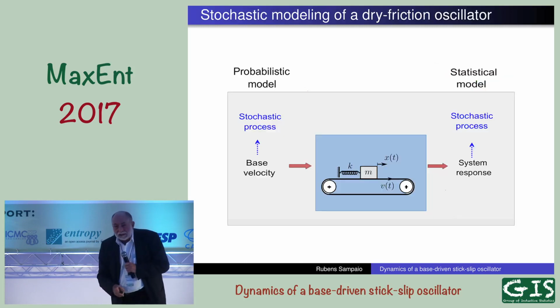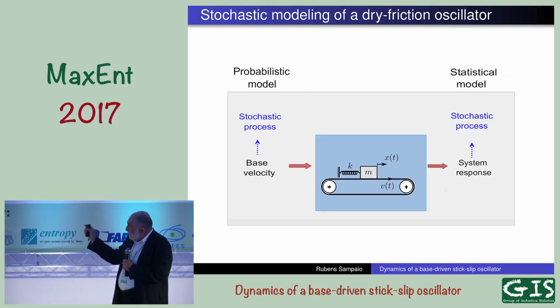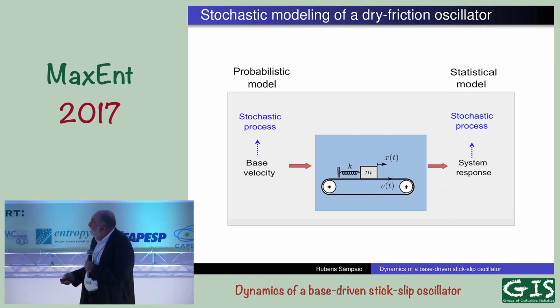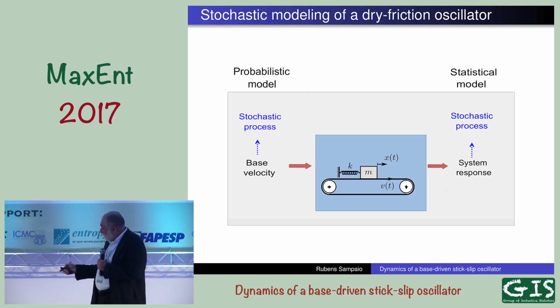I want to discuss the stochastic model, which is the one where we can really see what's happening in the drilling process. So what I'm going to discuss with you is this. I have here a probabilistic model for the belt, how I'm going to change the velocity of the belt. So this thing will be a stochastic process, the base velocity.